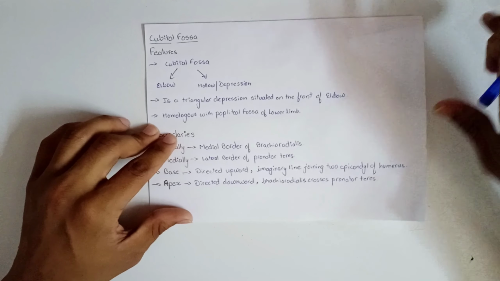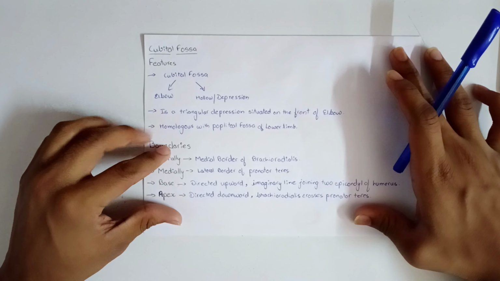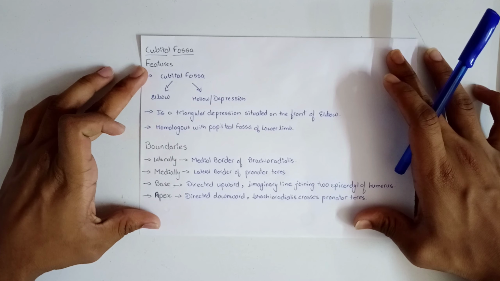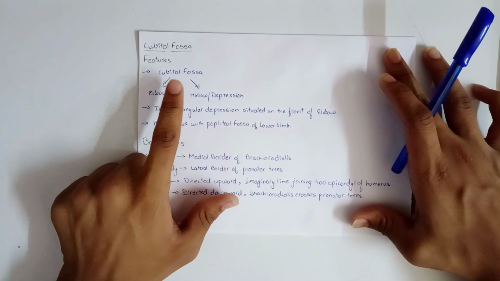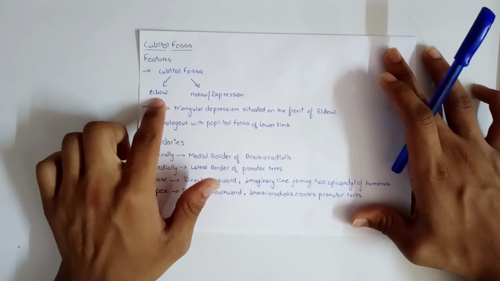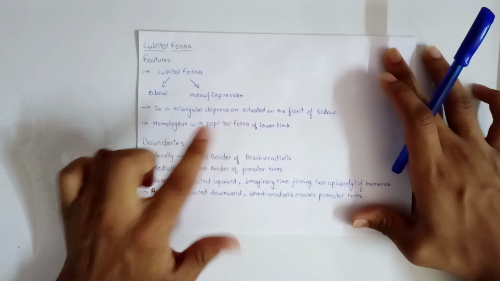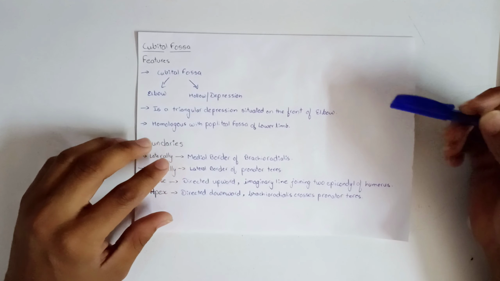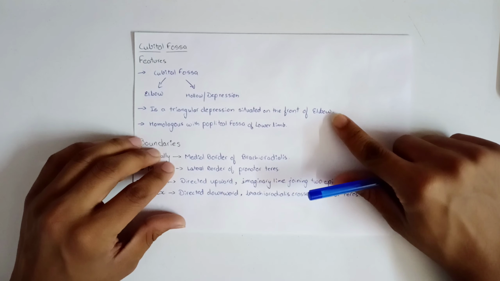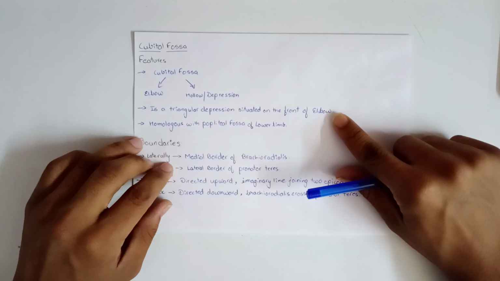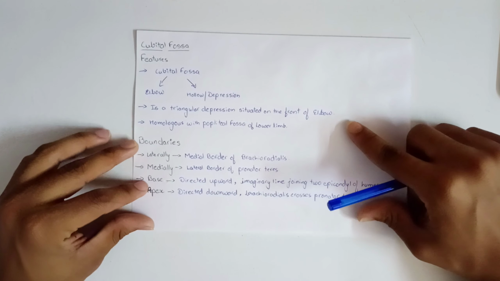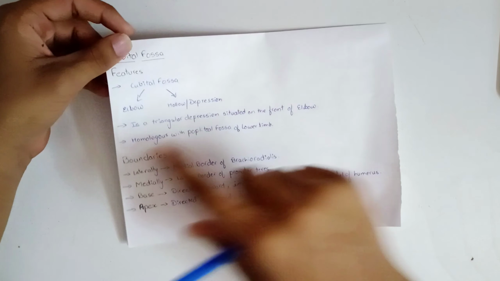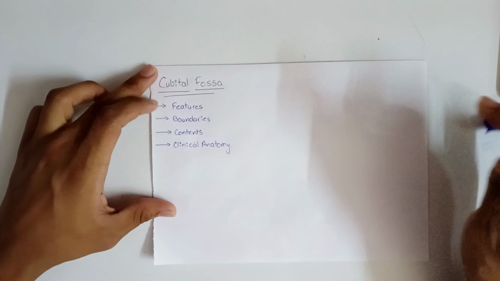We will be covering popliteal fossa in lower limb. So these are the general features of cubital fossa. Cubital fossa means elbow. Fossa means hollow or depression. It is a triangular depression situated in front of elbow, homologous with popliteal fossa of lower limb. So we are done with features.